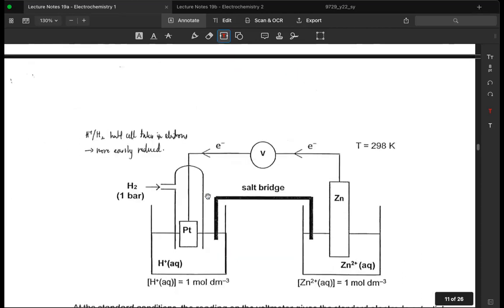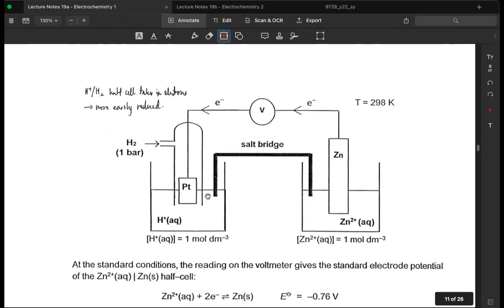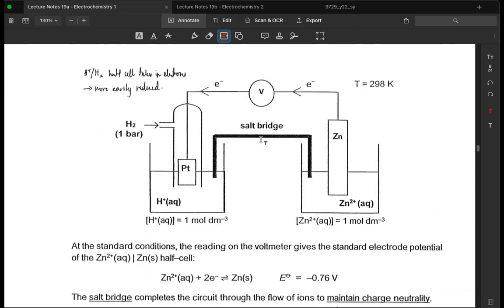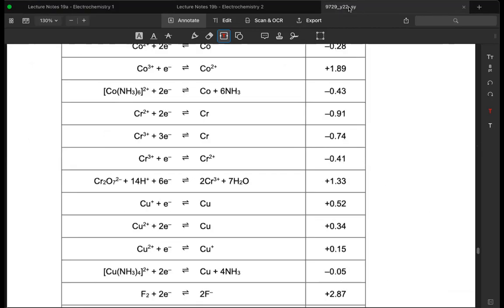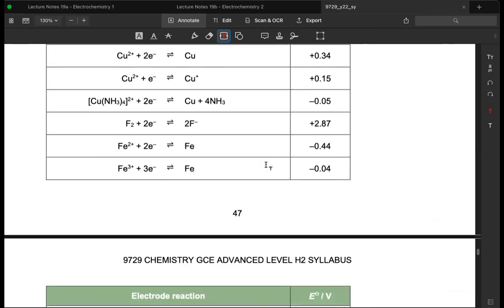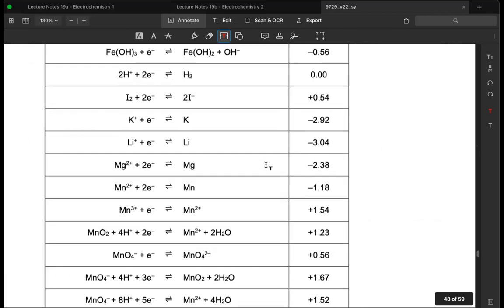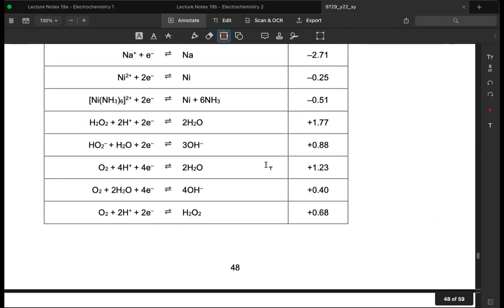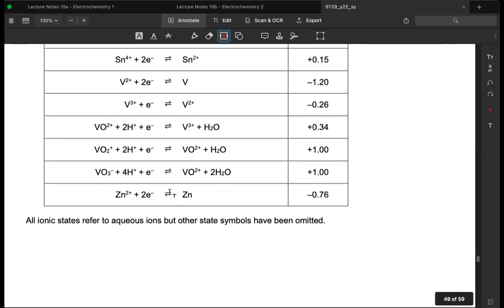Now, let's look at another example. We have zinc as the more reactive metal. So in this case, the electron will flow the other way towards the hydrogen electrode. And if you refer to the data booklet with all the electrode potential values, zinc, okay, let me teach you how to read this.